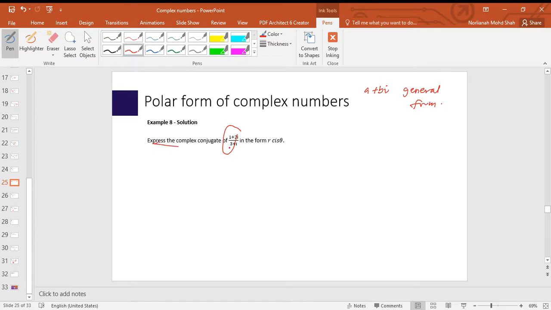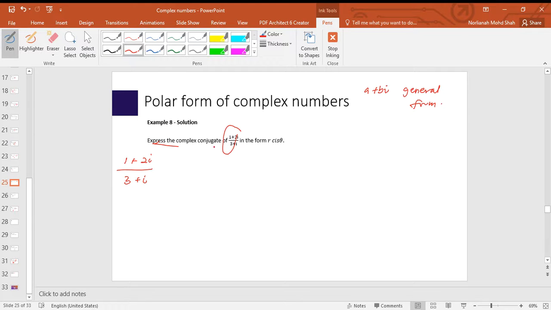Now we want to change this division of complex numbers into the general form. So we have 1 plus 2i over 3 plus i. And what is the complex conjugate of the denominator?